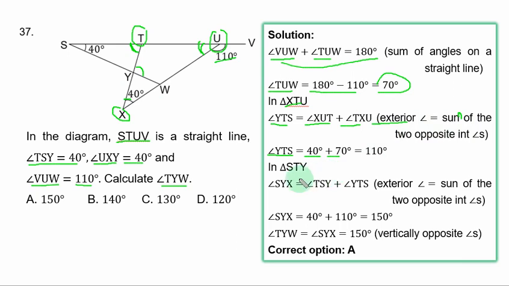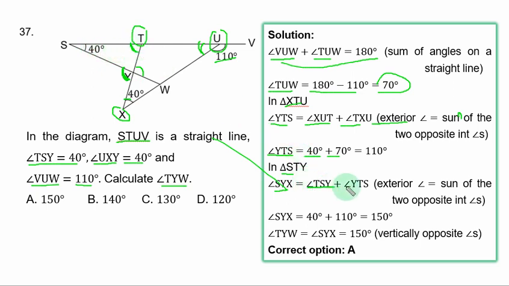Alright, so let's continue. So we know angle YTS. Let's consider triangle STY. Angle SYS, let's get, that is this angle now. Okay, SYS. This angle also is exterior to the sum of these two interior angles.